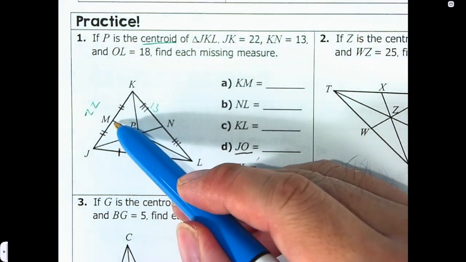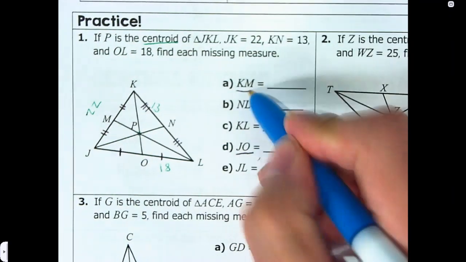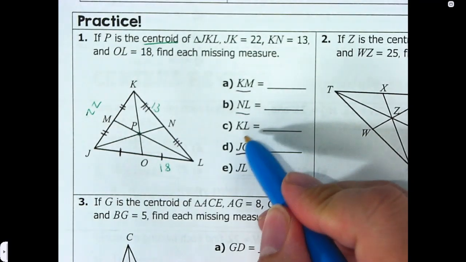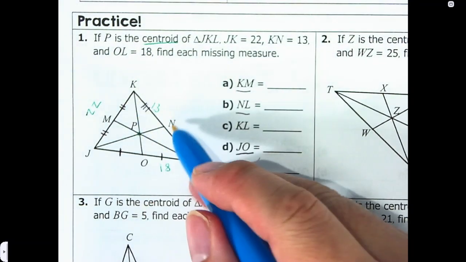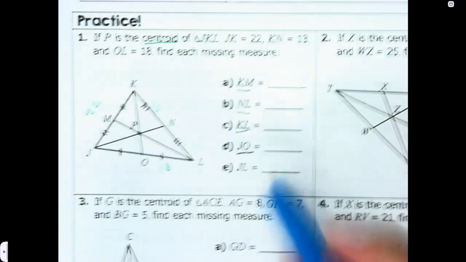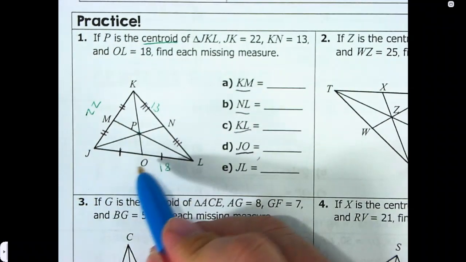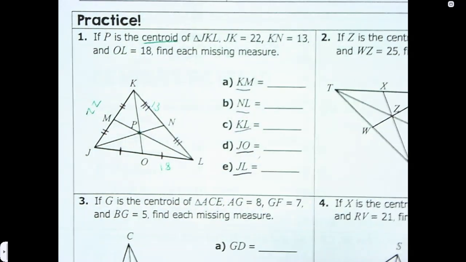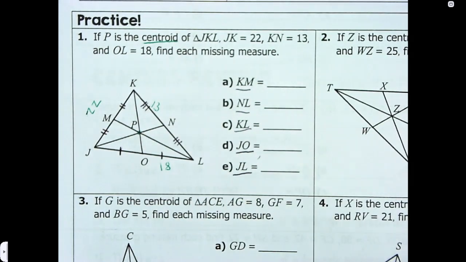KL, once we know what KN and NL are, we can find using the additive property to combine them. And JL, once we find JO, we can add it with OL to make JL. So those can be found. I hope you understand what you want to do here. Okay, so I applied it.